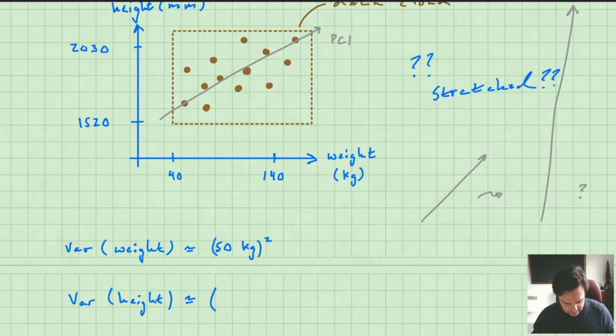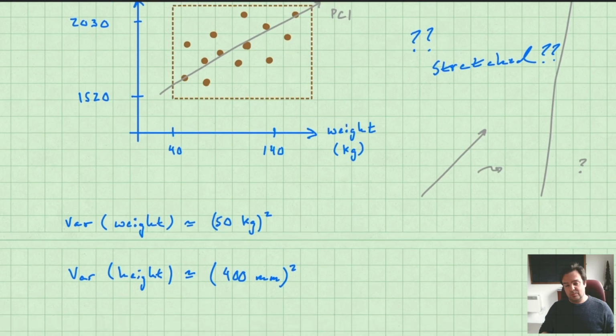So now the variance of the height should be 400 millimeters squared. Like that.